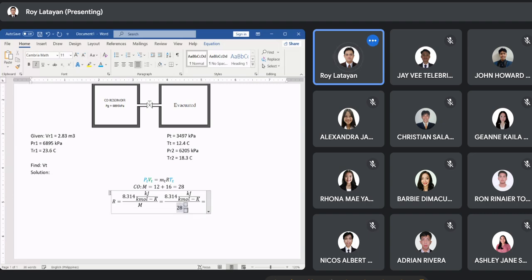Ang unit niya is kilogram per kmol. So ano yung value nito? Pa-compute na lang.